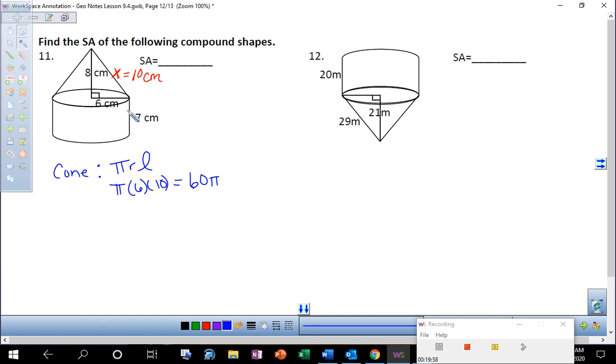Then my cylinder, just the lateral area for the cylinder. Try and keep it nice and separate as well. So lateral area for the cylinder, 2 pi r h, so 2 pi, again using that 6, same radius, 6, but this time 7. So 12 times 7, 84 pi.